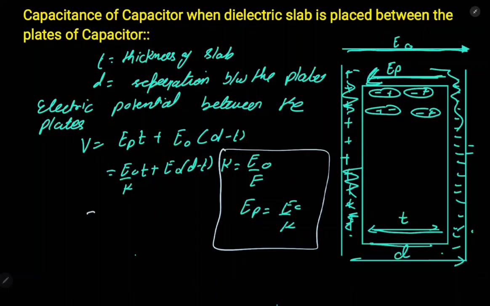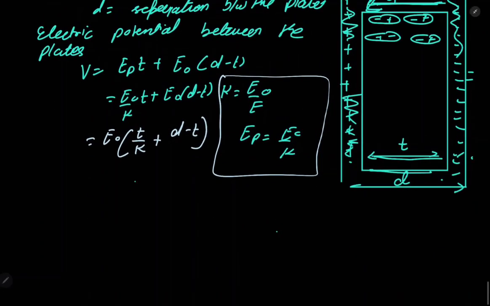D minus T, I can take epsilon naught common from here, I am left with T upon K plus D minus T. This is my potential.